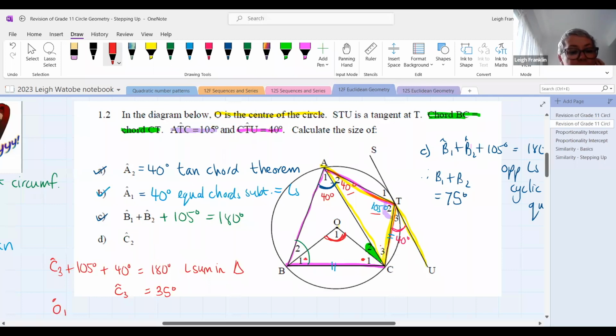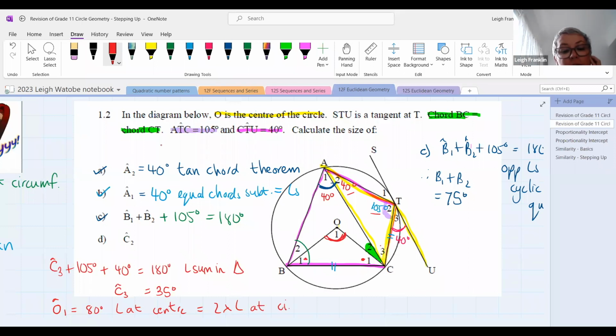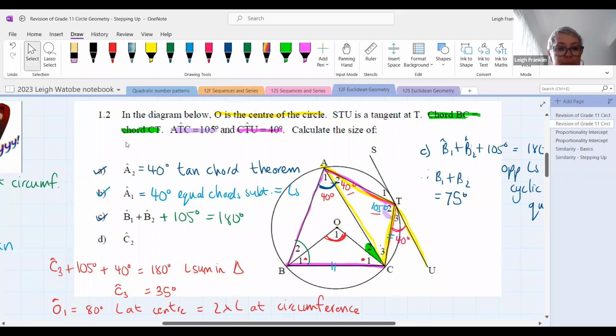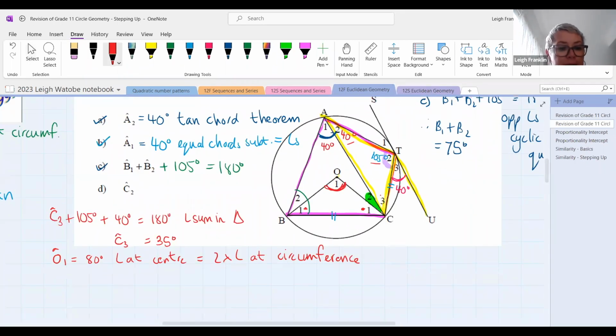O1 is 80. Reason: angle at center is 2 times angle at circumference.